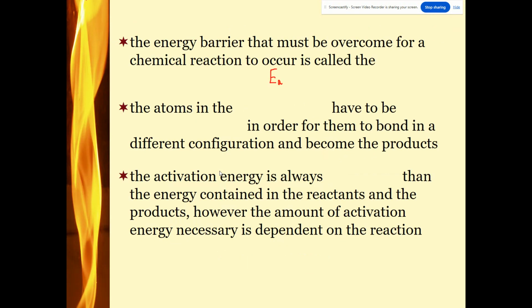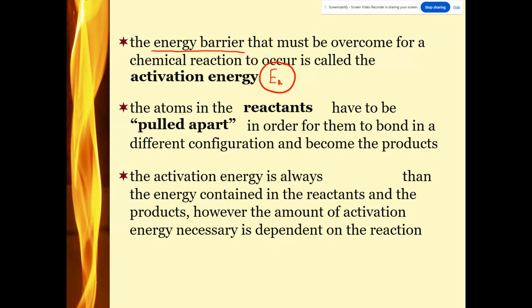Now this, what we call the energy barrier, or what you have to do to kickstart the reaction, is called activation energy. It can be denoted as an E with a subscript A, activation energy. That is the energy required to pull apart the atoms of the reactants. So that bond breaking first step is also known as activation energy.